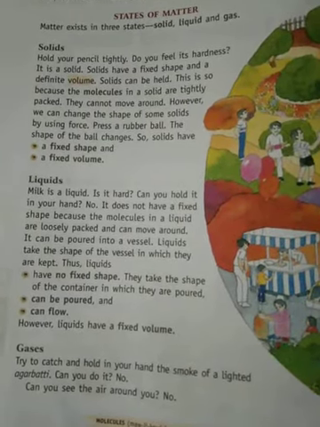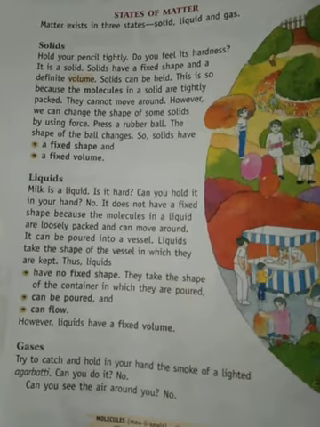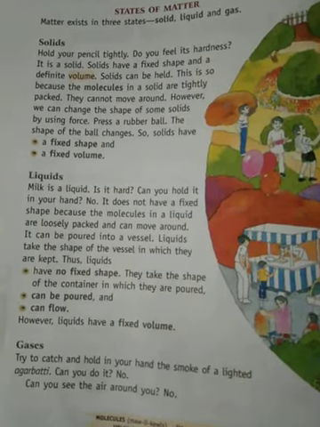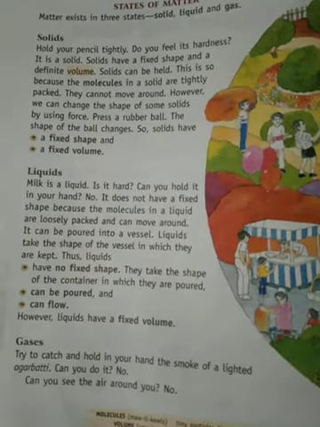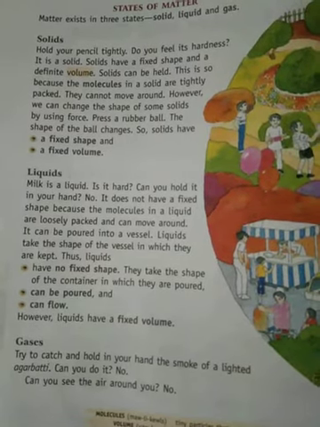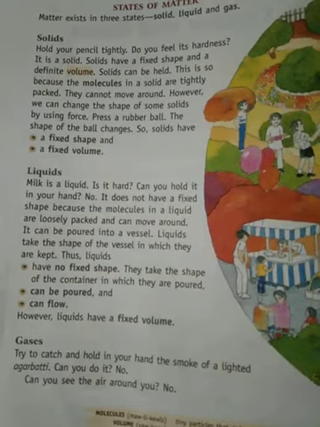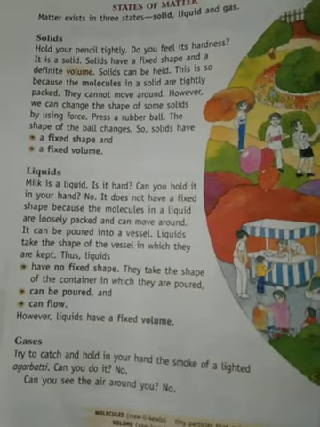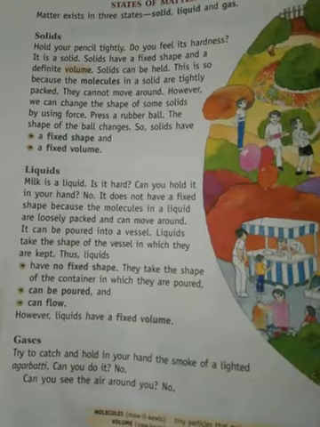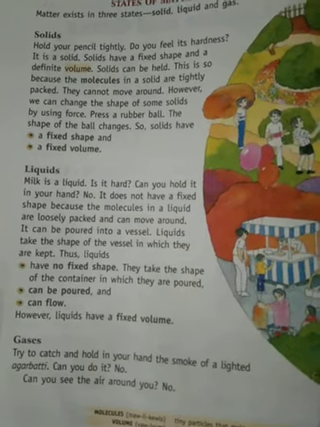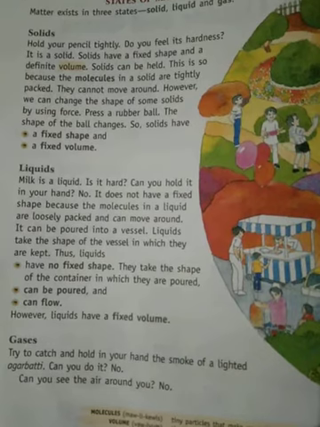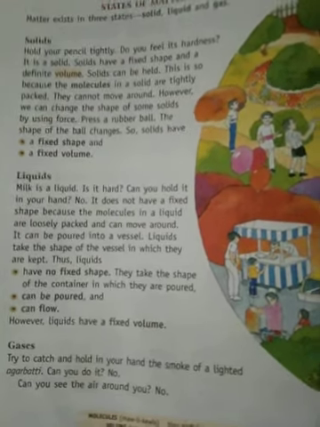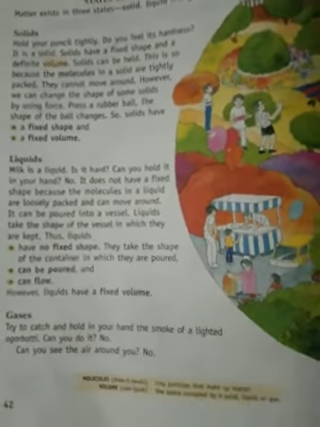This is so because the molecules in a solid are tightly packed. They cannot move around. However, we can change the shape of some solids by using force. Press a rubber ball, the shape of the ball changes. So solids have a fixed shape and fixed volume. Very beautifully explained.